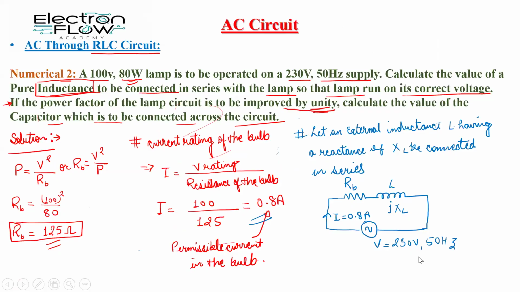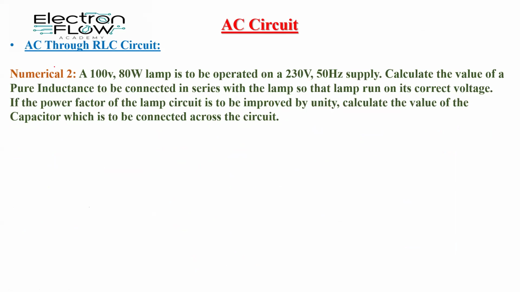Next, the impedance of the series combination, which is equal to Z, is equal to V divided by current.